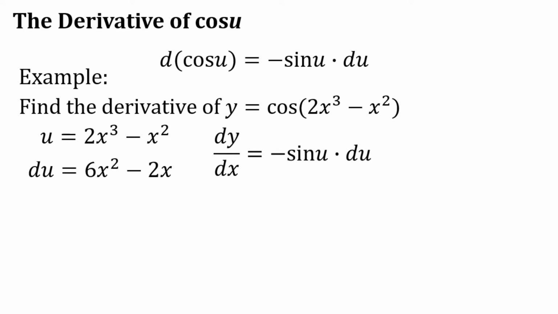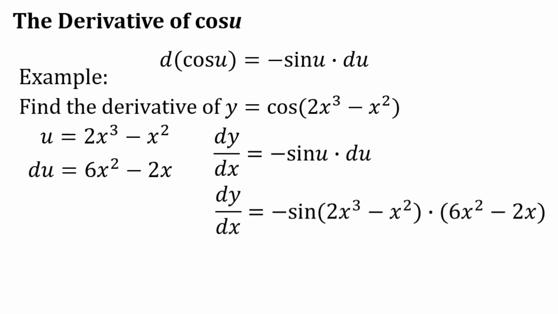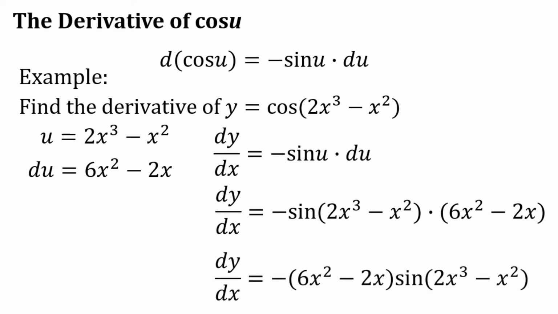Apply the formula. Dy over dx equals negative sin u times du. Substitute u and du. So this will become dy over dx equals negative sin of 2x cubed minus x squared times 6x squared minus 2x. Express our final answer this way.